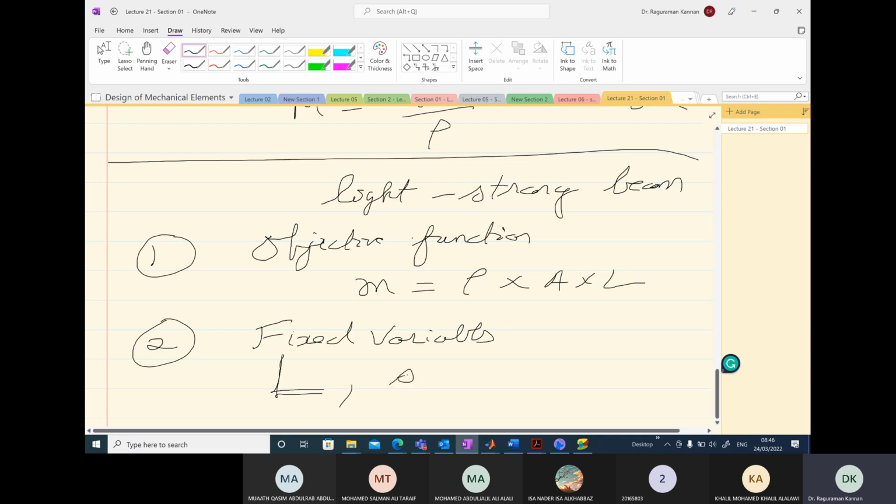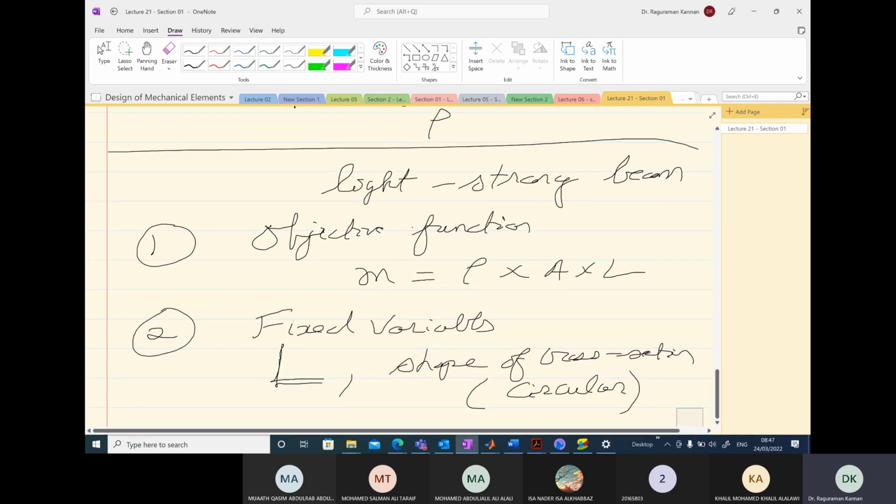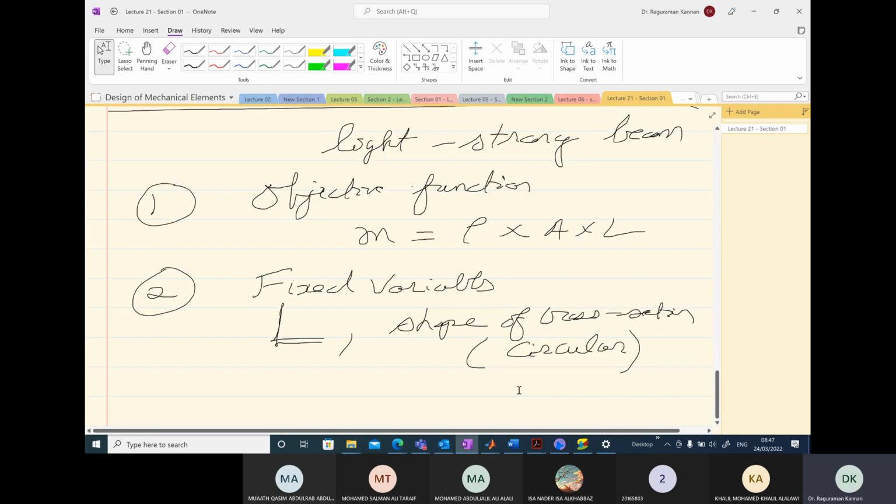Okay, shape of the cross section. So this time let's fix the cross section as a circular cross section. If you take a rectangular cross section, it is a problem. We do not want to solve with a rectangular cross section; square or circular cross section will be easier to deal with.